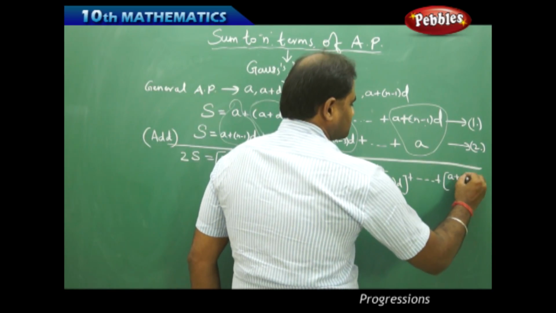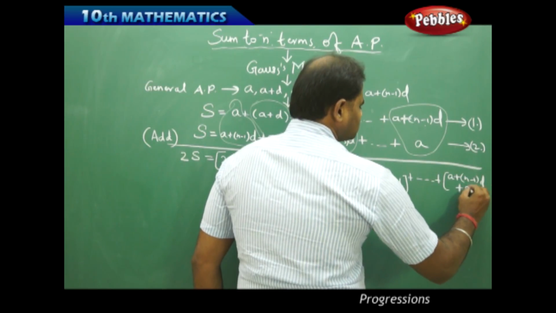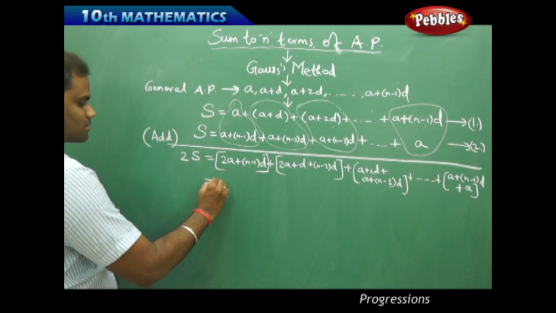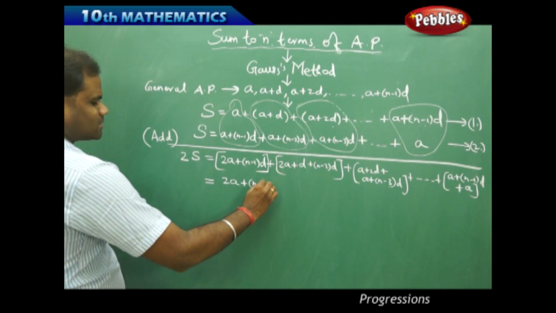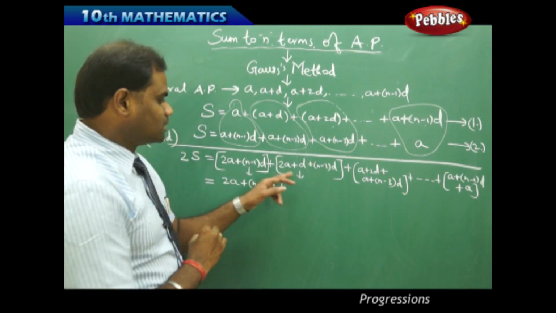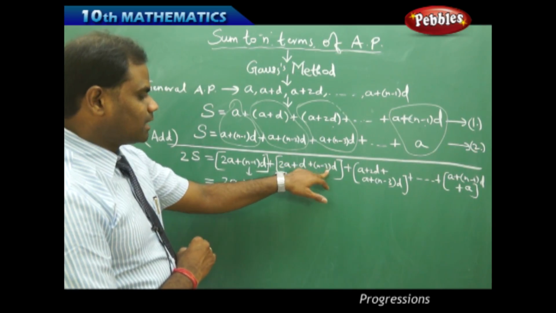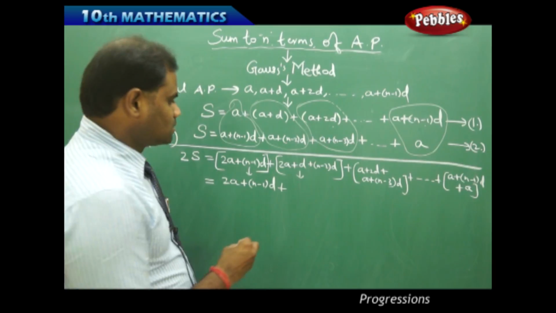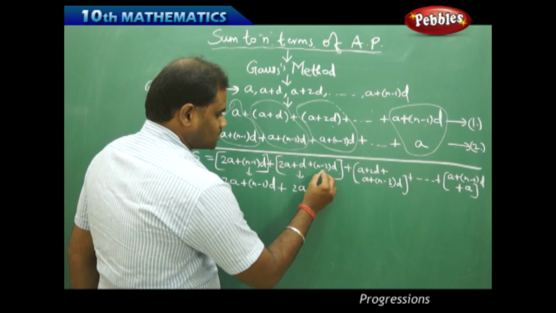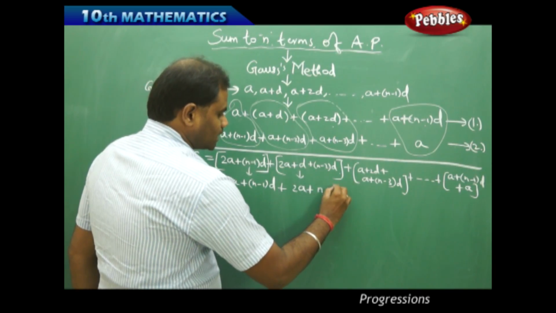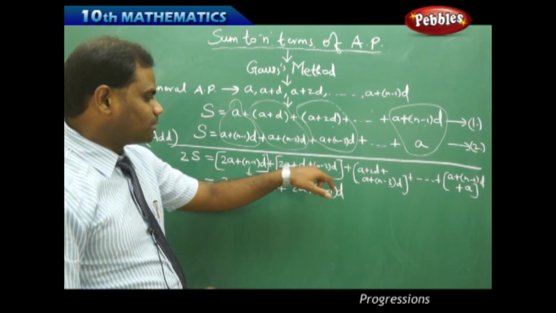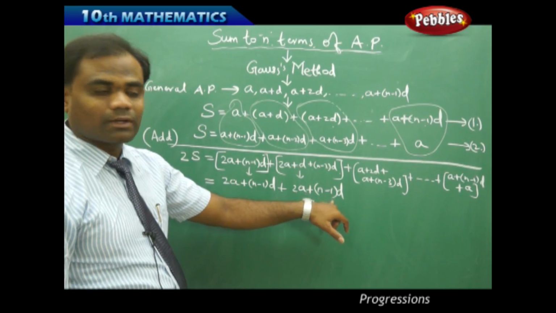On further simplification this gives me 2a plus n minus 1 times d. The second pair, 2a plus d plus nd minus 2d, gives me 2a plus nd minus d, which simplifies again to 2a plus n minus 1 d, because when I take d common I get 1 plus n minus 2, which is n minus 1.